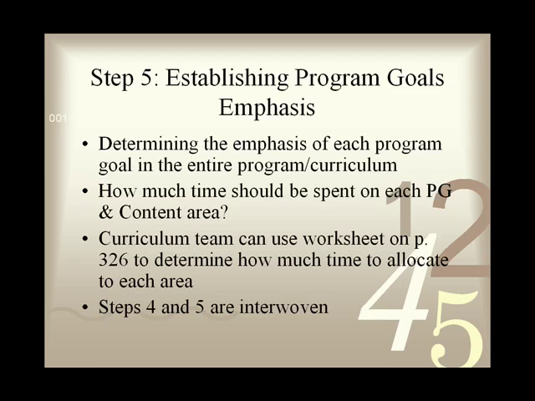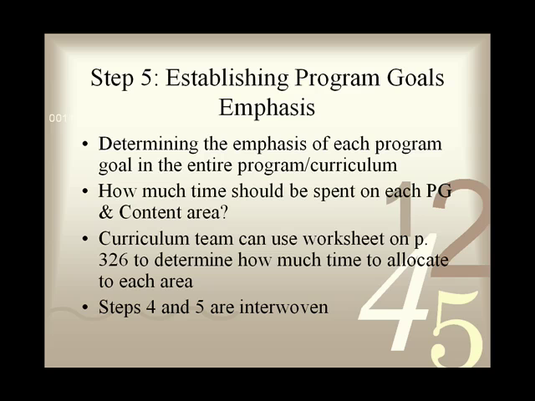Now step 5 is establishing program goals emphasis. In this step, you're going to determine the emphasis of each program goal in the entire program or curriculum. You're going to determine how much time should be spent on each program goal and content area.